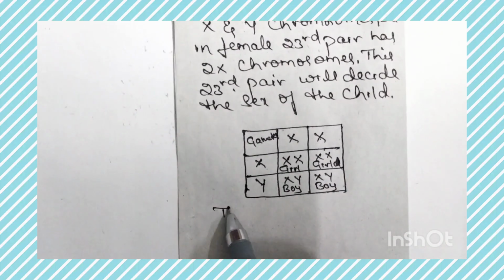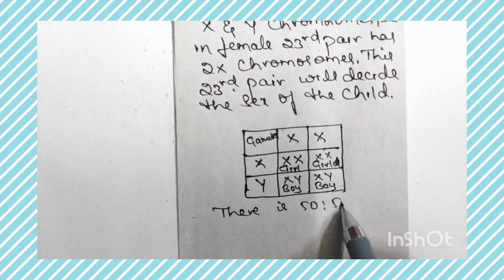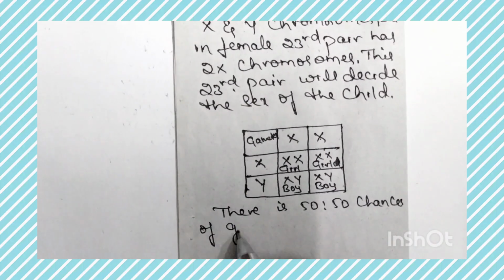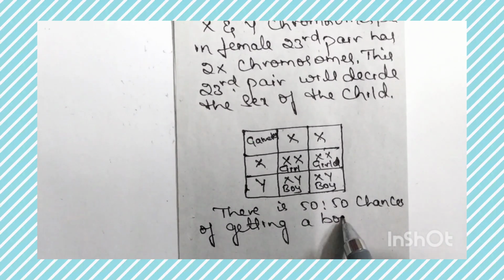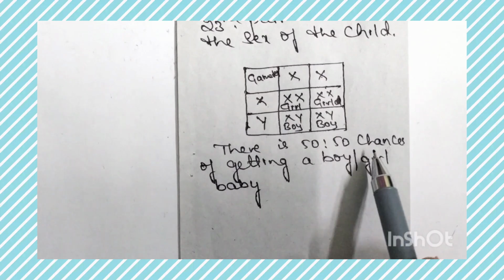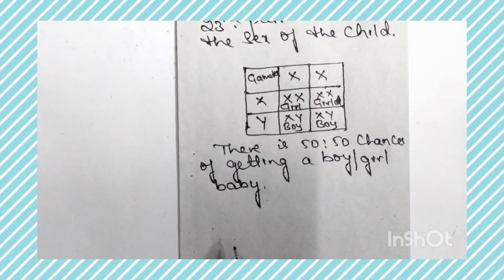So there is 50-50% chance of getting a boy or girl baby.